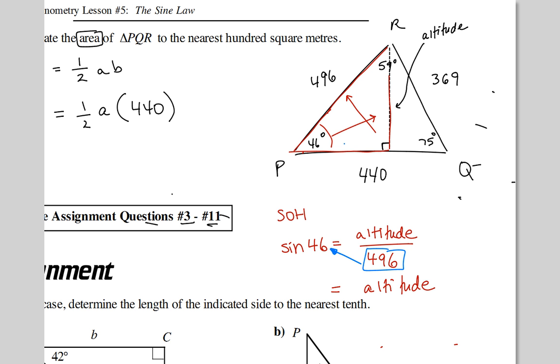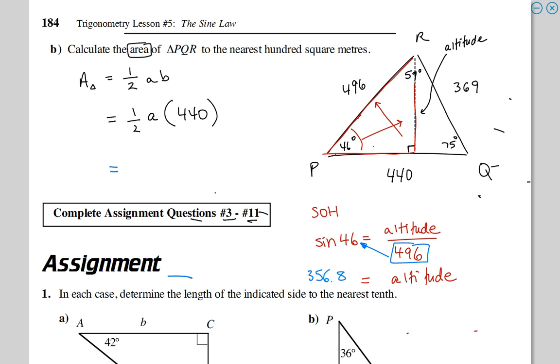So sine 46 times 496, I'm getting 356.8. Again, I rounded, so this is going to be off a little bit. Not the end of the world. You get 1/2 times 356.8 times 440, divided by 2.